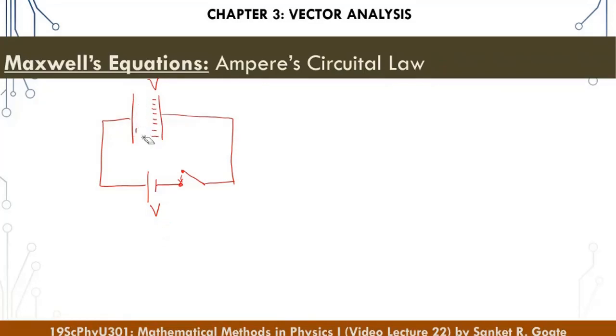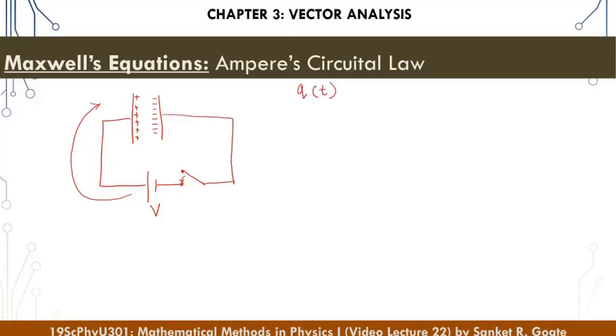But this situation is called steady state because this happens a long time after you close the key. Initially, when the key is not closed and you just close it, current starts flowing. Current will flow in this direction, so that this plate will start accumulating positive charge and this plate will start accumulating negative charge, and these charges q are now functions of time.